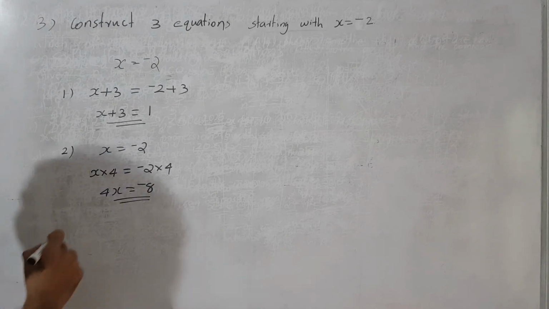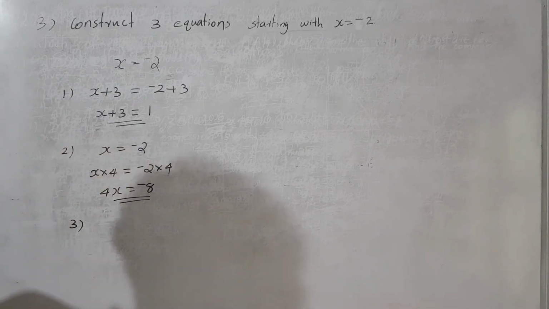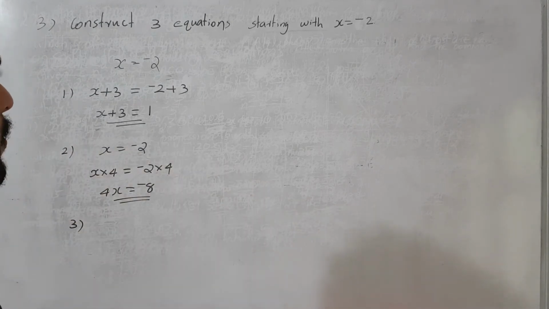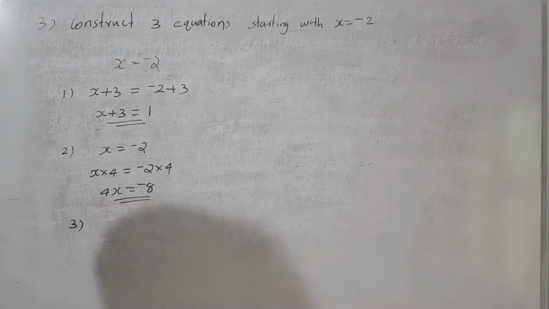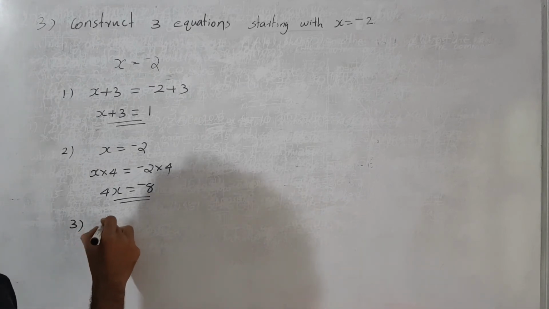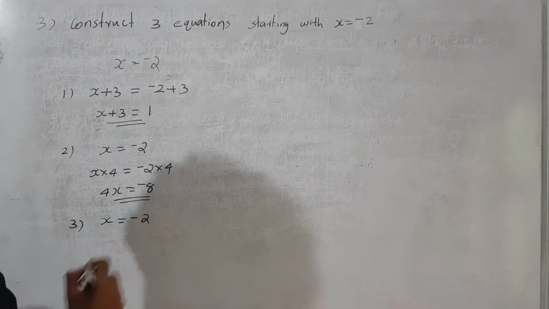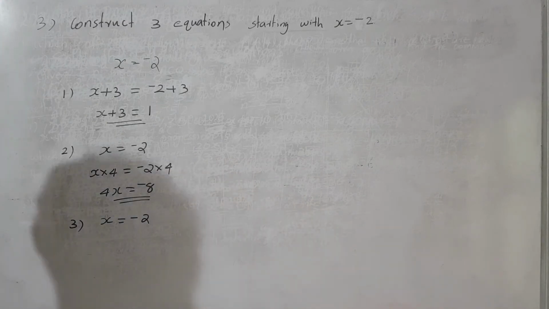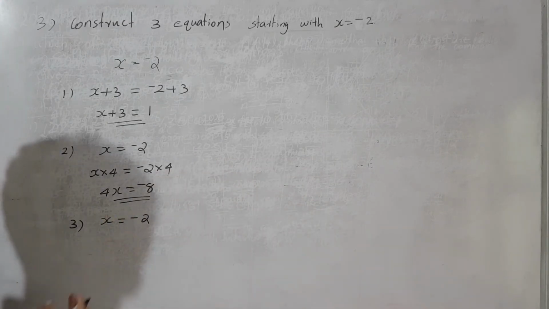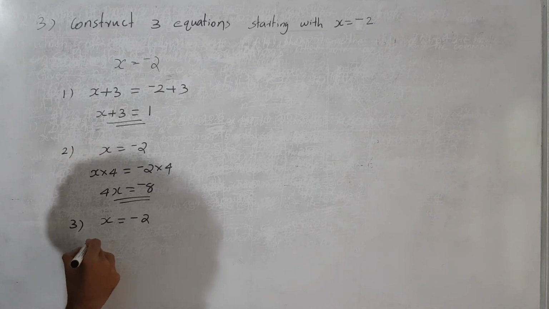Okay, for the third one, we fix one number, 7, and what are we doing here? We are subtracting. x is equal to minus 2 is the solution. Then we choose the number 7 and we fix the operation as subtraction.